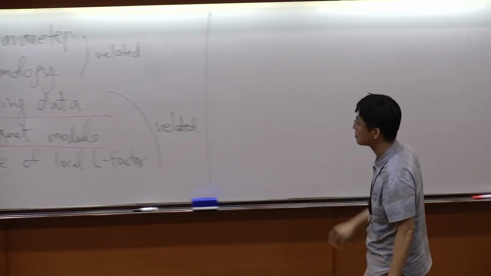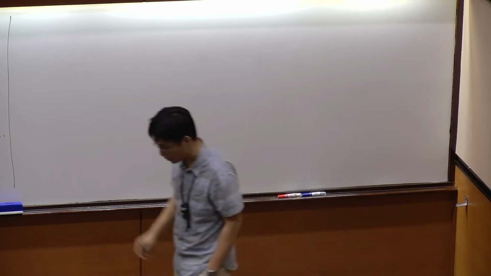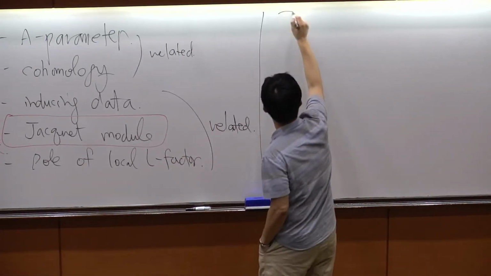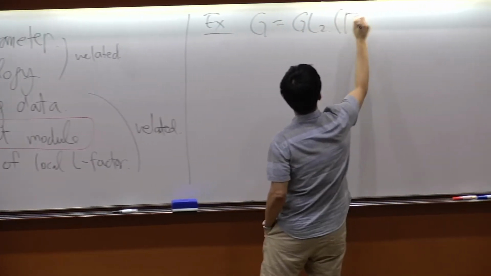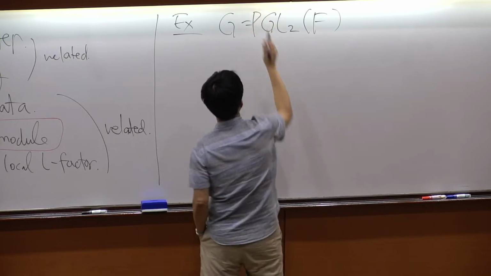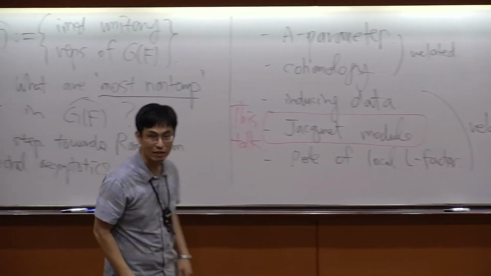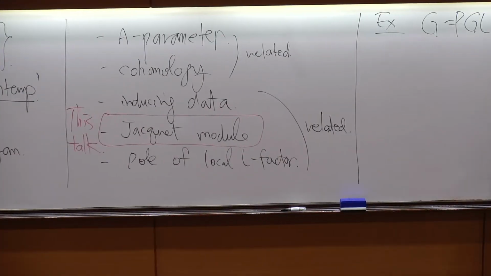I'm going to make this precise, but before that, for people who haven't thought much about unitary representations, I'll just give a quick example. When you have GL2 or maybe PGL2, just keep the central character trivial, and you look at the unramified part of the unitary dual.